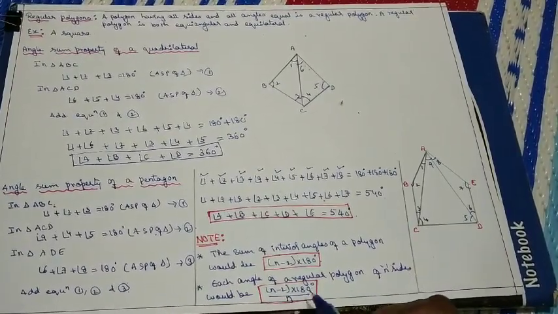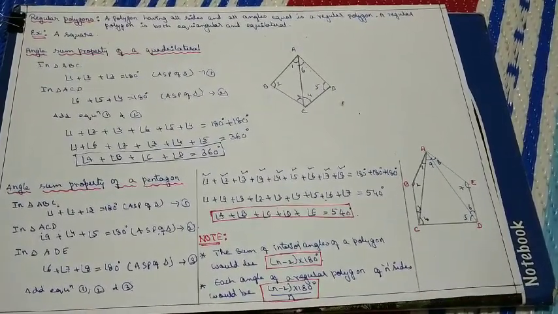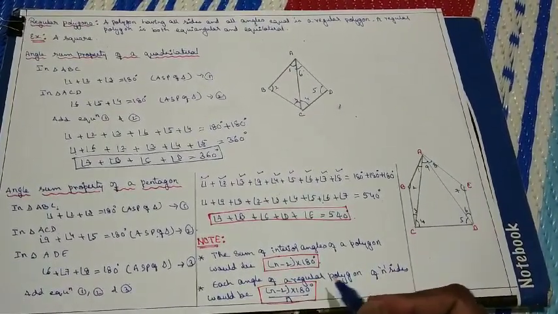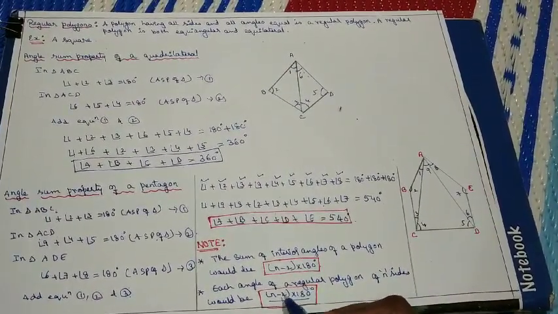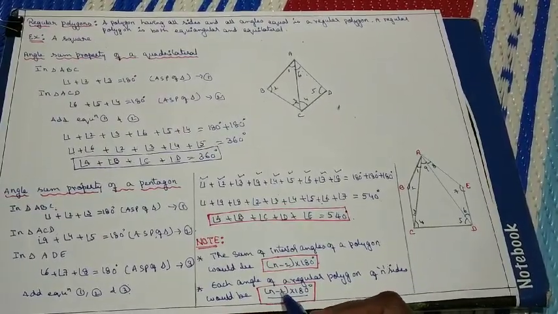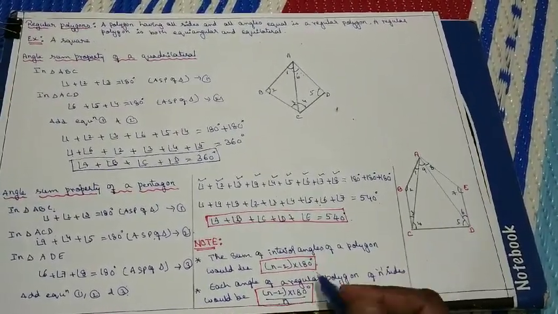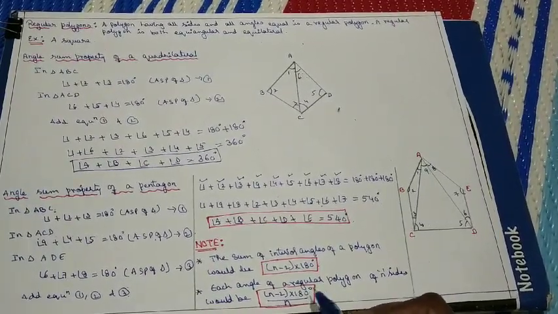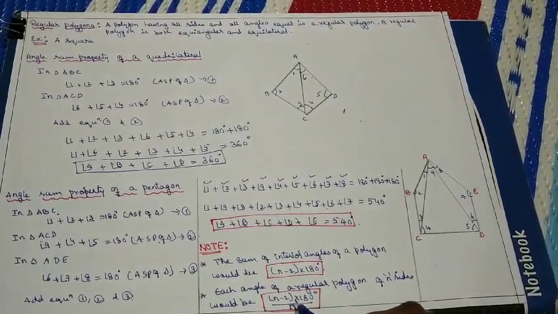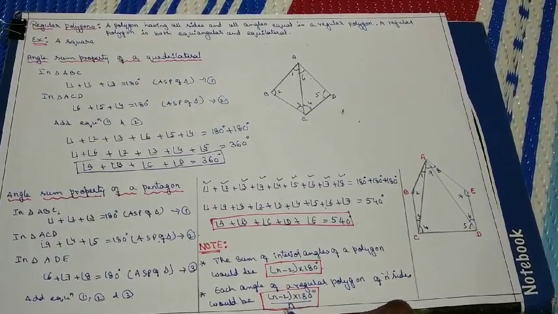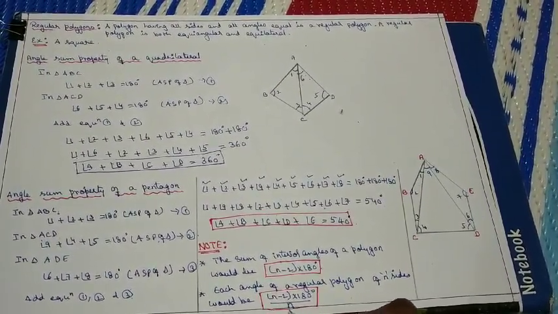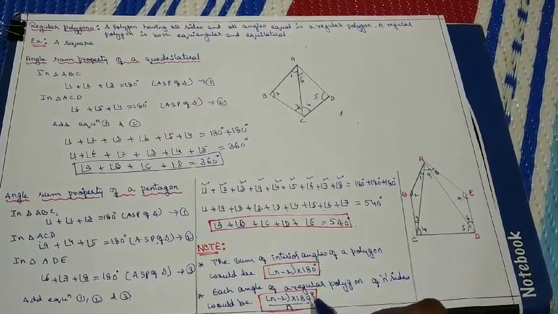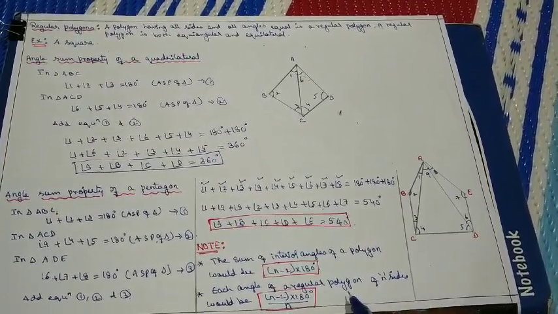If I go with the square, we know that the square consists of 4 sides, because a regular quadrilateral is a square. So 4 minus 2 equals 2, into 180 degrees equals 360 degrees, divided by 4 because the number of sides is 4. Then 360 divided by 4 is nothing but 90 degrees.